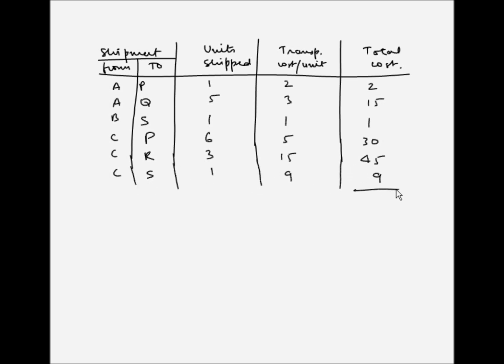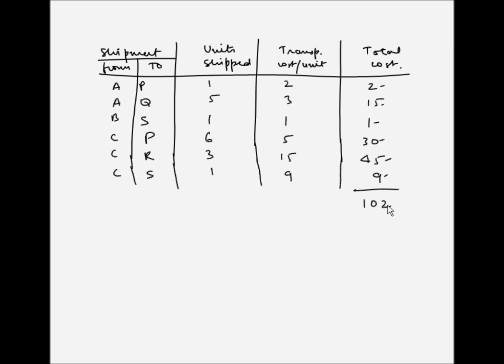So here 15 plus 30 is 45. 45 plus 45 is 90. 9 plus 1 is 10. So 90 plus 10 is 100. And 2 is 102. So 102.